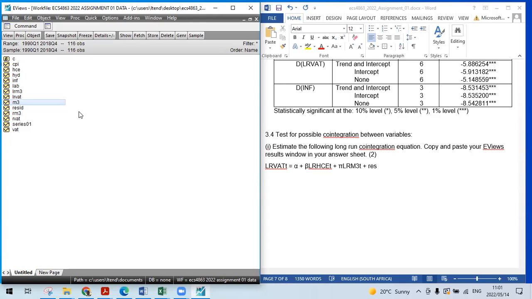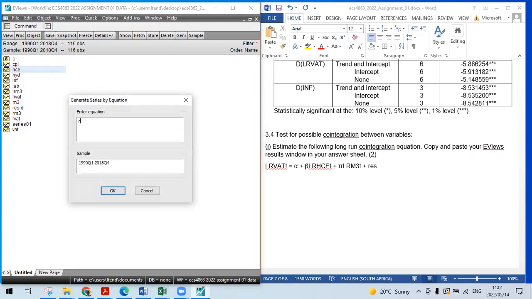Thank you. Now we move to HCE. If you look here, we are just given HCE, but what we are looking for is LRHCE. We do not have RHCE, so let's make it real first.